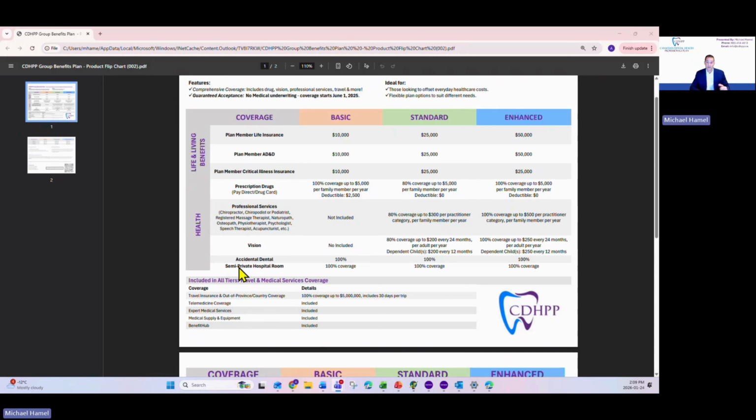Moving on to telemedicine coverage. This is fantastic. There is definitely a shortage, it seems, with doctors these days. This is going to provide you 24/7 service.